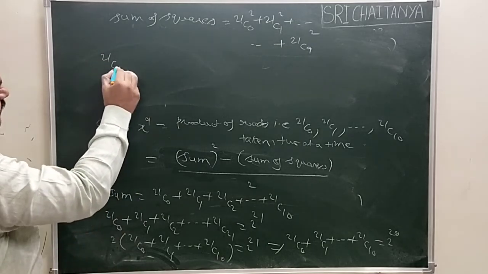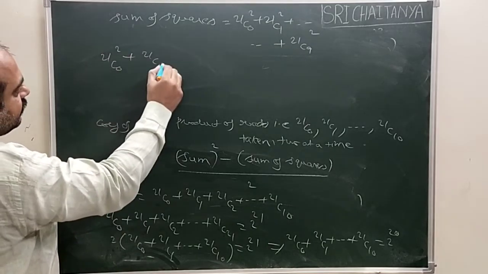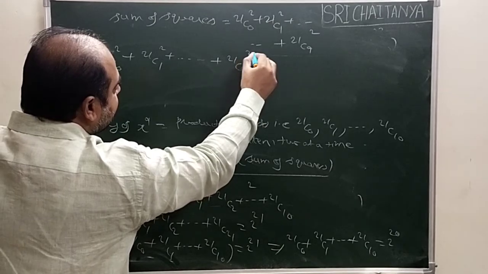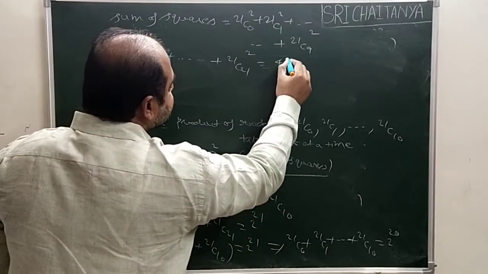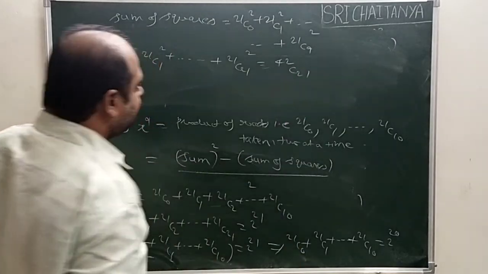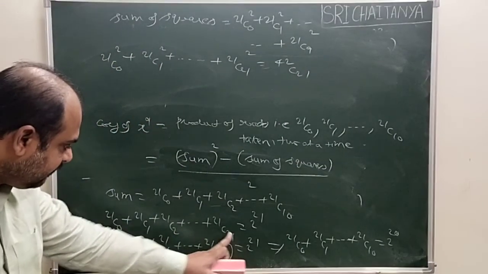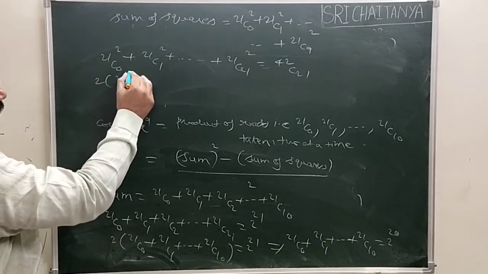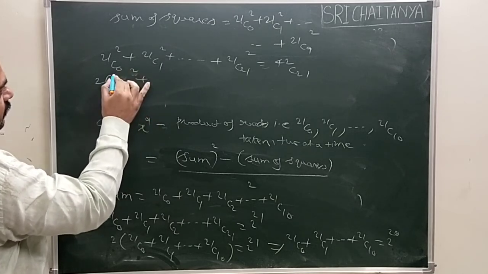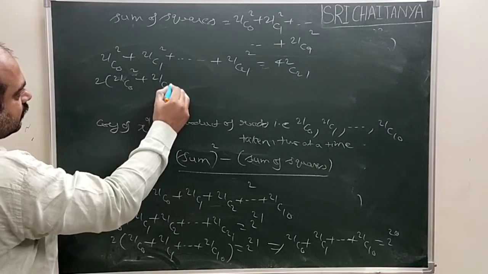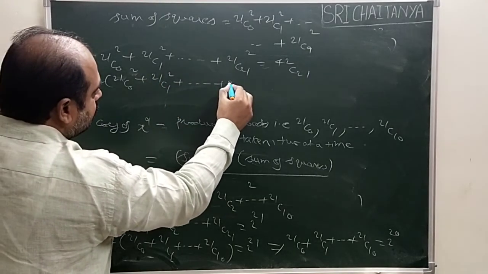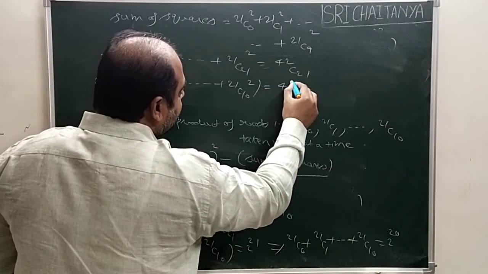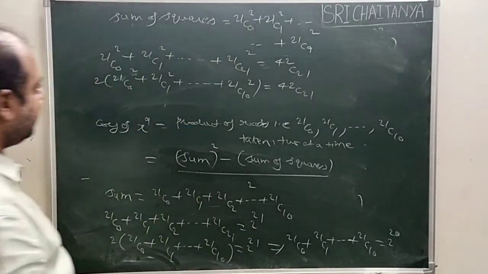That means you consider the full sum; this is the half sum. 21C21 square is 2NCN, with N as 21. So 2 into the half sum of squares equals 42C21.